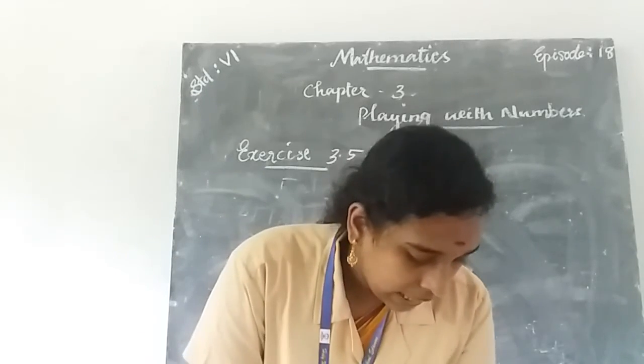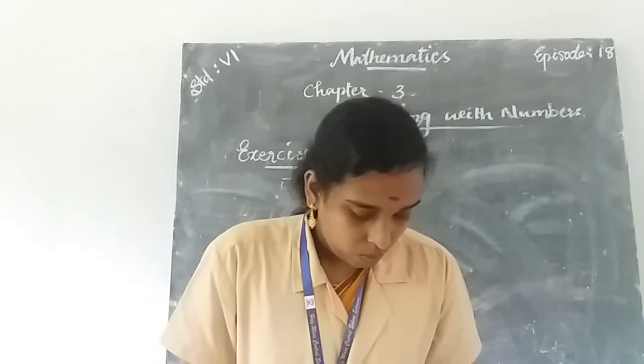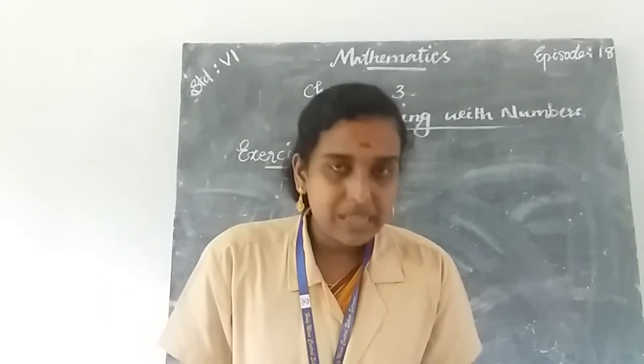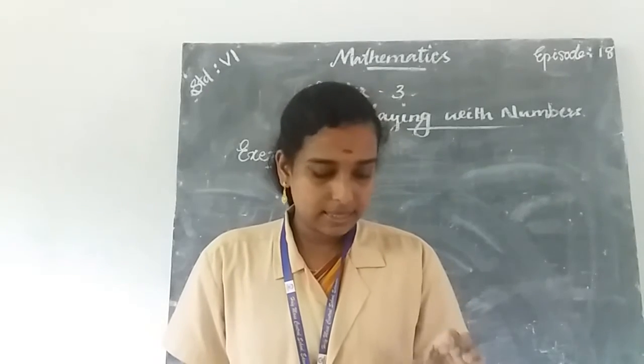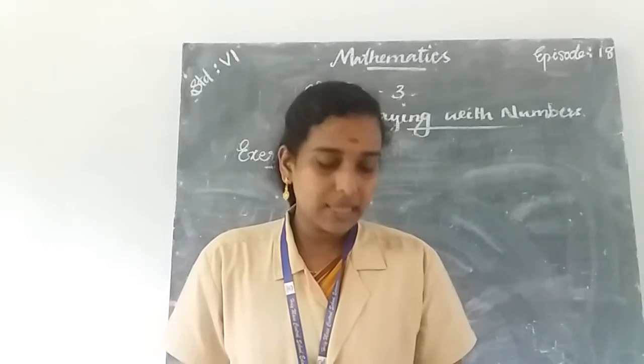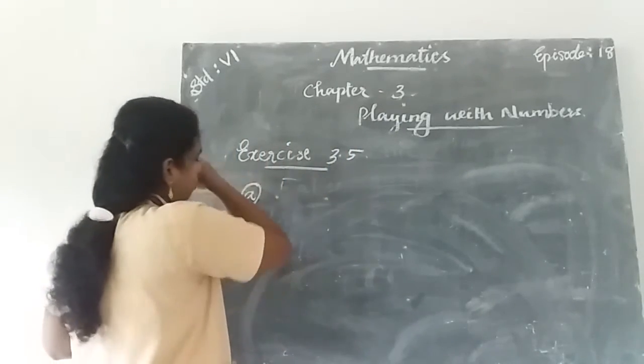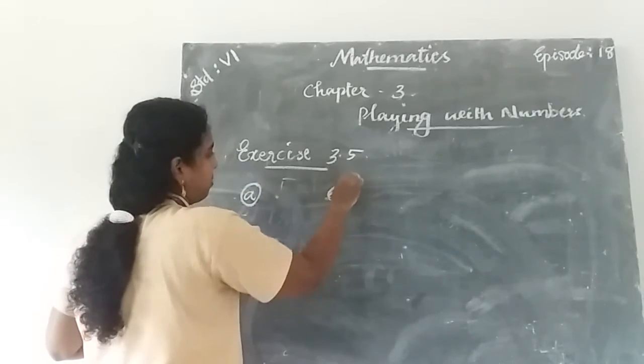Question number 2. Here are two different factor trees of 60. Write the missing numbers. Here a factor tree is given, and here are some missing numbers. So we want to find the missing numbers in the factor tree.